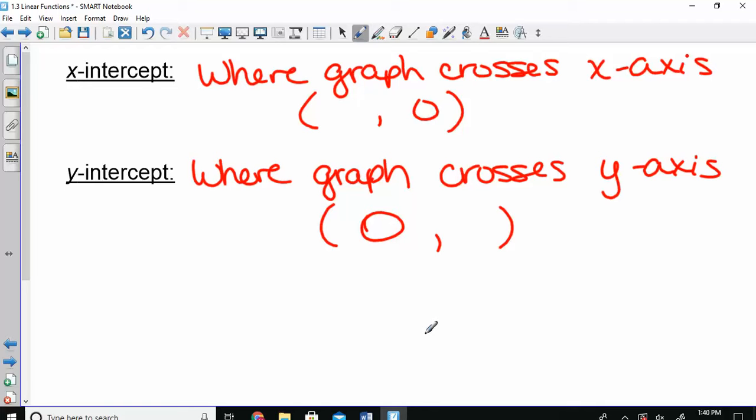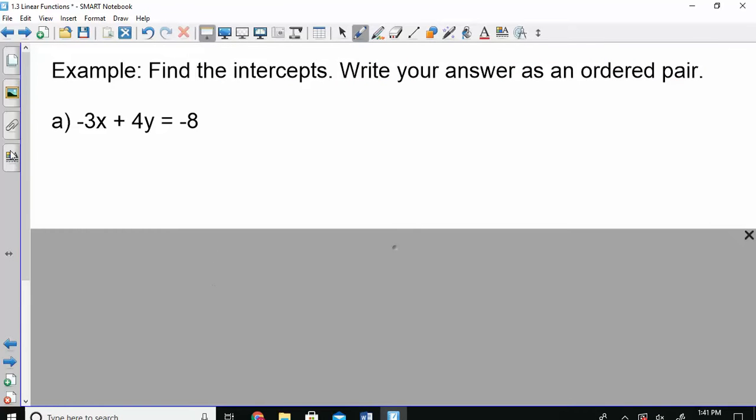All right. Got 3 slides left. We're almost done. So let's find x and y intercepts. So x-intercept, it's when your y is 0, or like Mrs. Keller said, cover up your y.